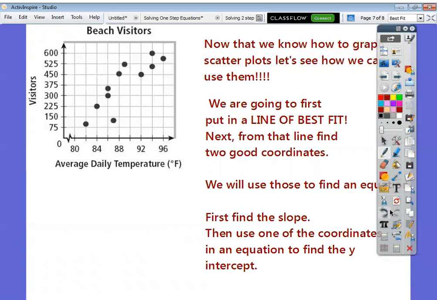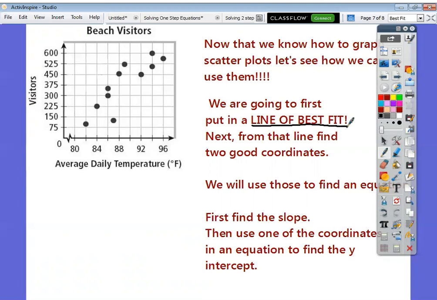So what I'm going to do is put in what is called a line of best fit. I'm going to draw a line in here that really represents all of the dots. That's what the line of best fit means.